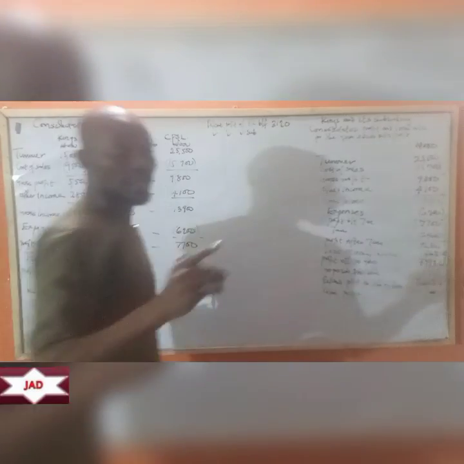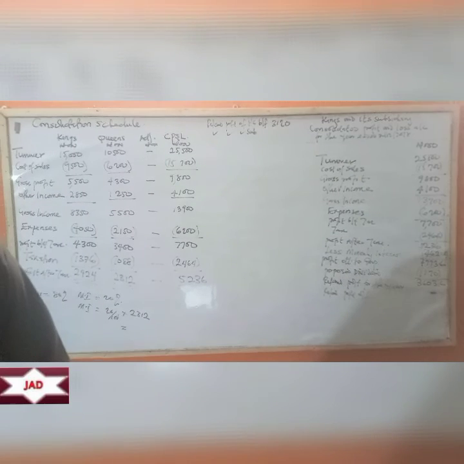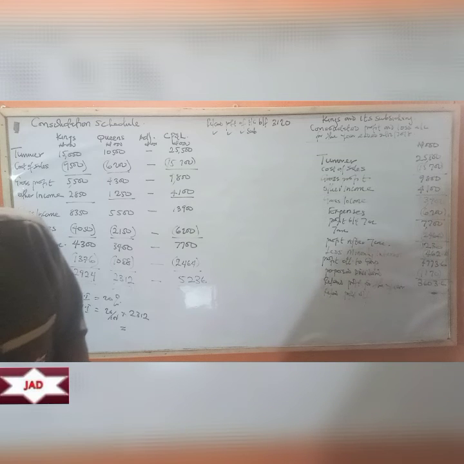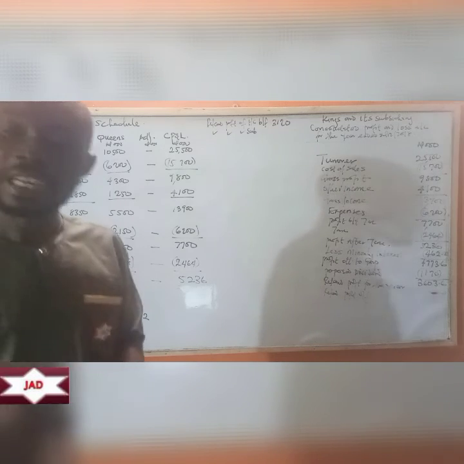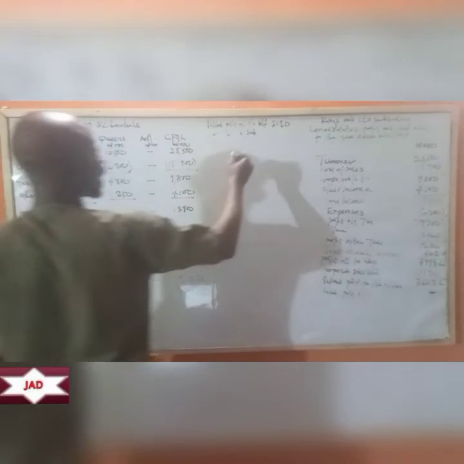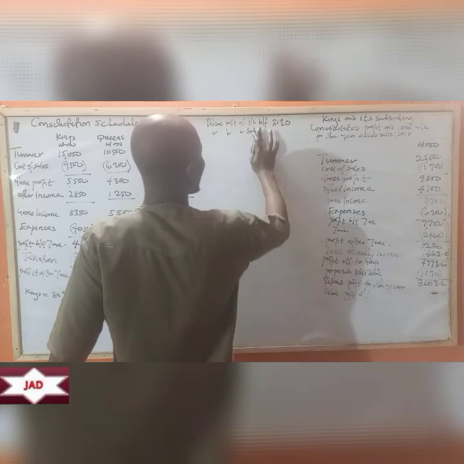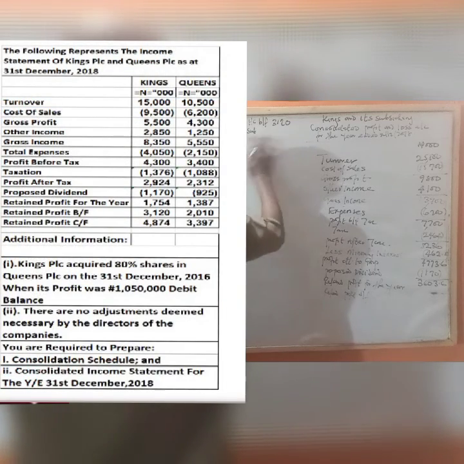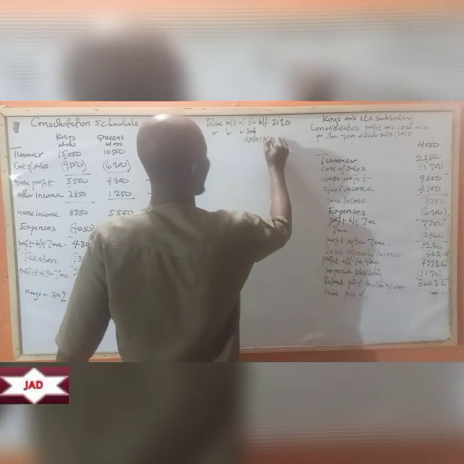Now remember, there is a pre-acquisition profit, which the question says is a debit. That means there's a loss. But as we are consolidating, the retained profit carried forward is 2010. So that means there's a profit that has been made that covers the loss. So that of the sub will be 2010 plus 1050.